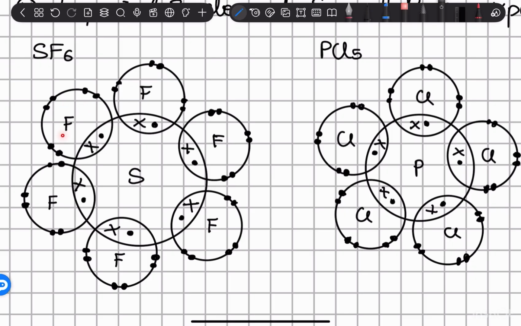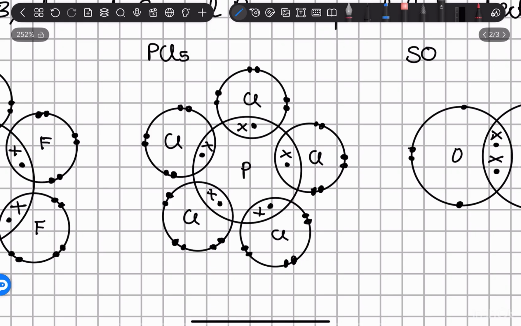You already know that fluorine needs one valence electron, and sulfur has 6 of those. So it can donate all of its 6 electrons to 6 fluorine atoms. But in the process, its octet gets expanded. So it now has 12 electrons in its octet instead of 8.